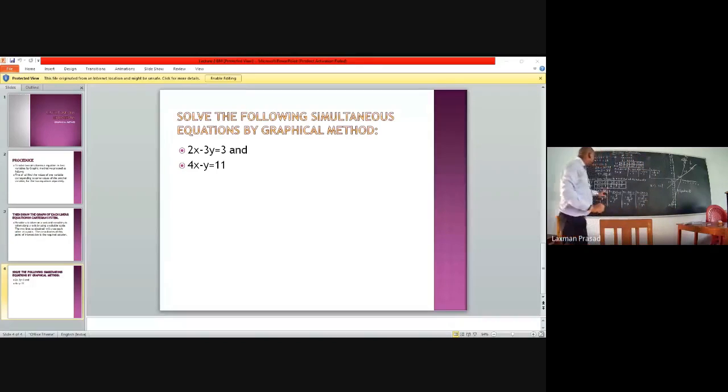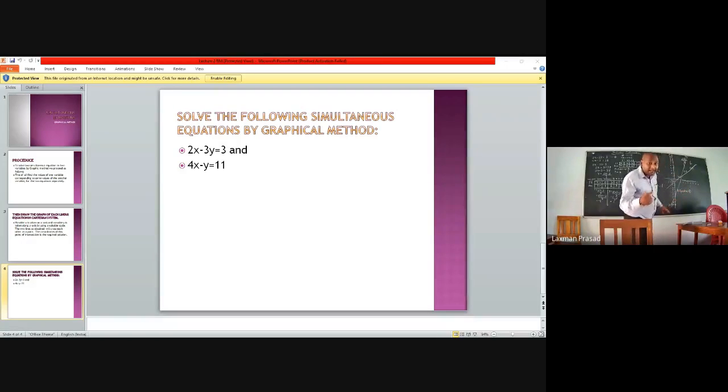Then next, if the value of x is 6, then the value of y is 3. See, in your graph, the value of x is 6: 1, 2, 3, 4, 5, 6.